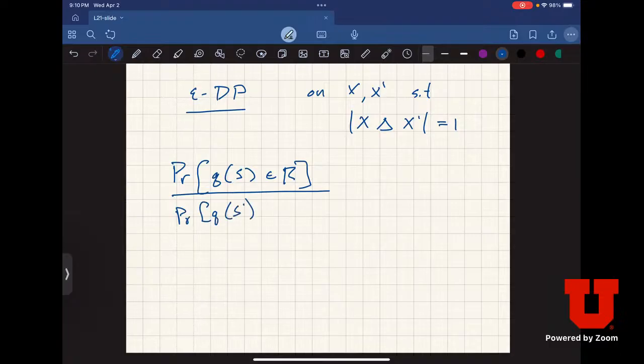Remember, S is the mechanism applied to X, and S prime is the mechanism applied to X prime. And we look at the ratio of these two queries, whether they fall into some range.